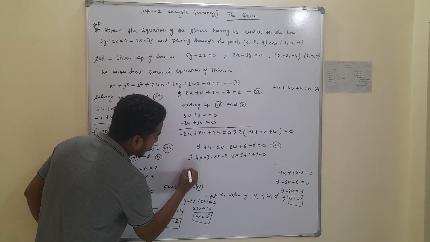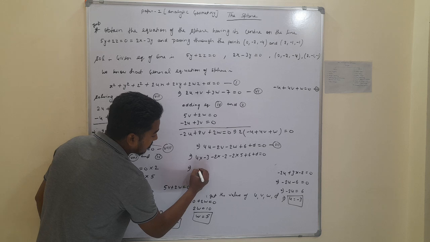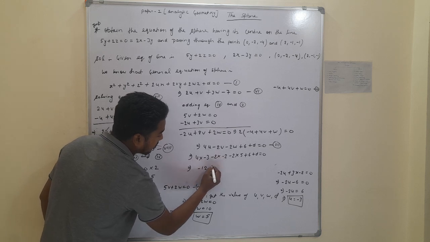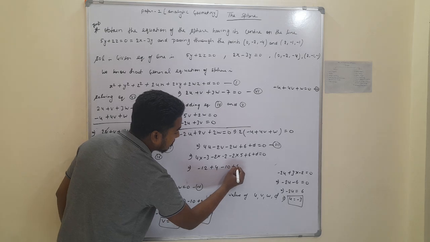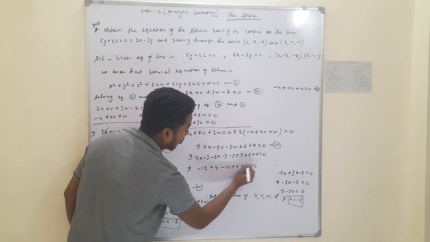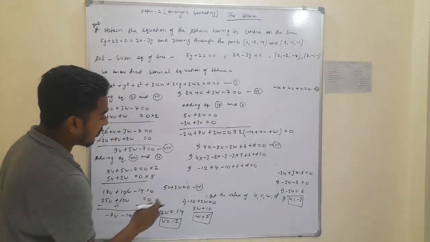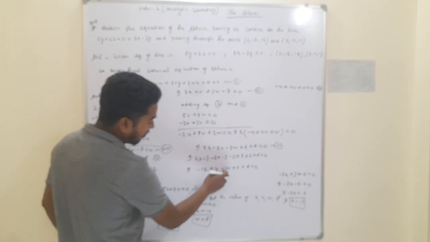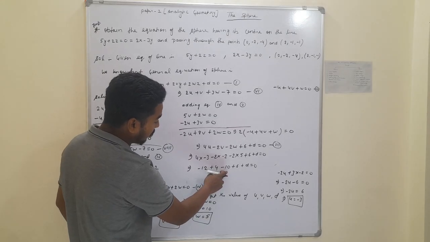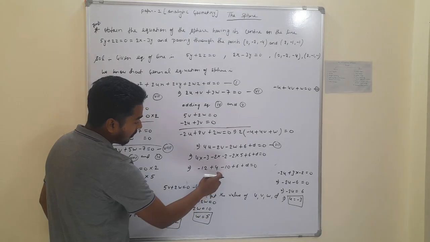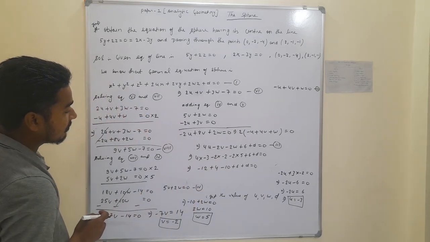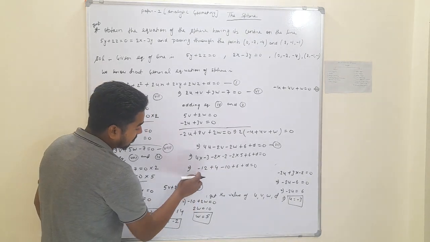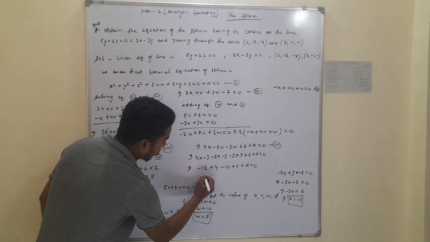So writing here, 4 3s are 12, this is minus of 12, and this is plus of 4, and this is minus of 10 plus of 6 plus of d is equal to 0. Solving here, minus of 12 and minus of 10 is minus 22, minus of 22 and plus of 6 and plus of 4, this is plus of 10, minus of 22, we get minus of 12.